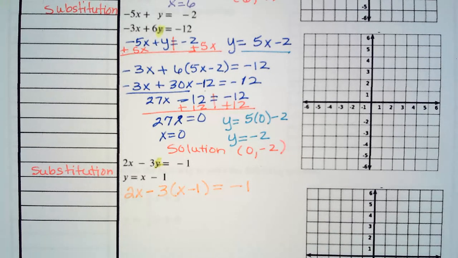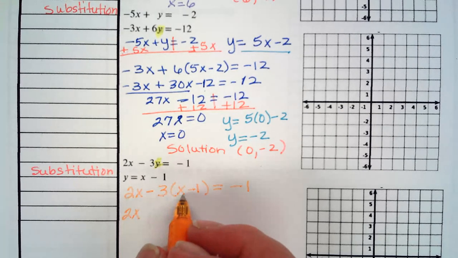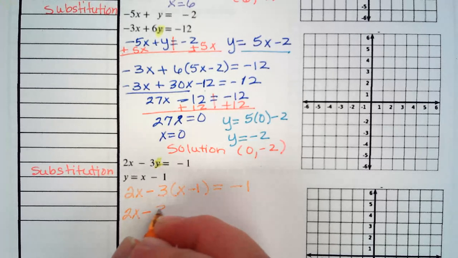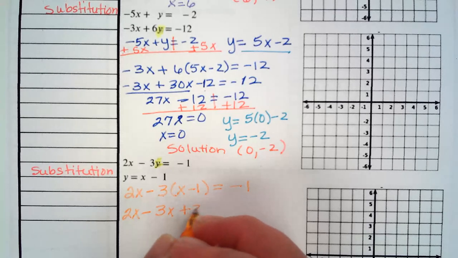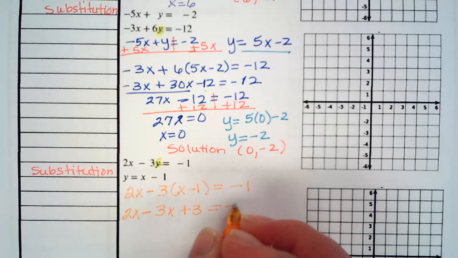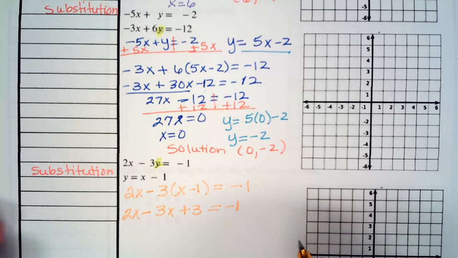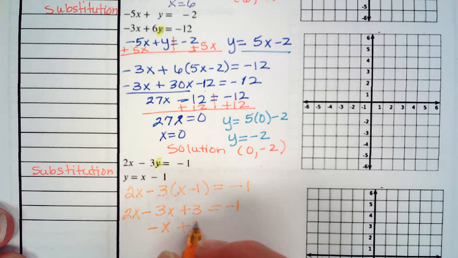All I did was substitute in. Distribute. 2x. Negative 3 times x is negative 3x. Negative 3 times negative 1 is positive 3. Negative times negative is a positive. Is equal to negative 1. Now I'm ready to combine like terms. 2x minus 3x is negative 1x, or just negative x, plus 3 is equal to negative 1.